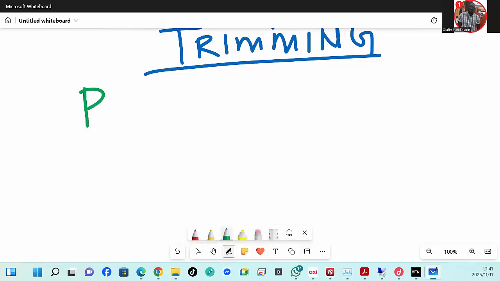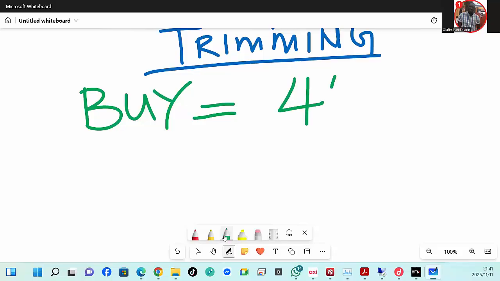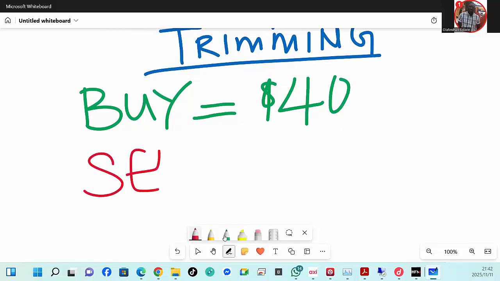Let's say our buy, I'd like to use green color for buy, is equal to $40. And our sell is equal to, where can I put it? No, I didn't put it right.